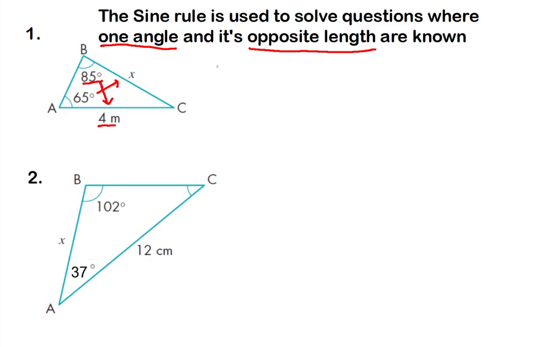So we're finding x. So from the rule it says that x over sine of the opposite angle is the same for any side. So it's the same as 4 divided by sine 85. I can take the sine 65 to the other side.